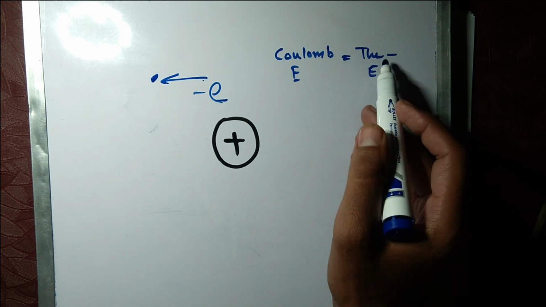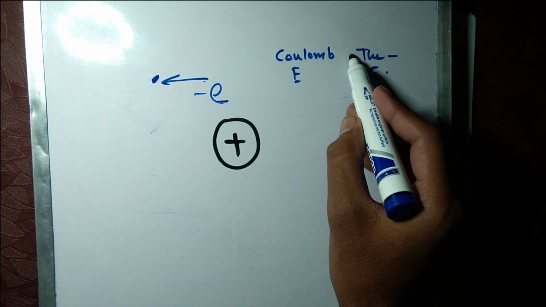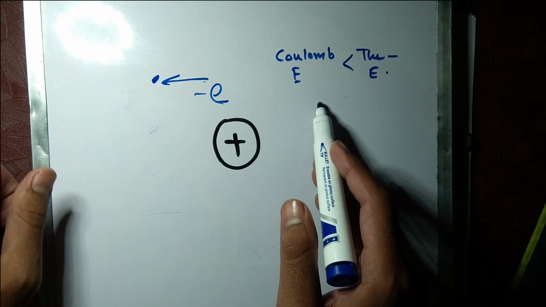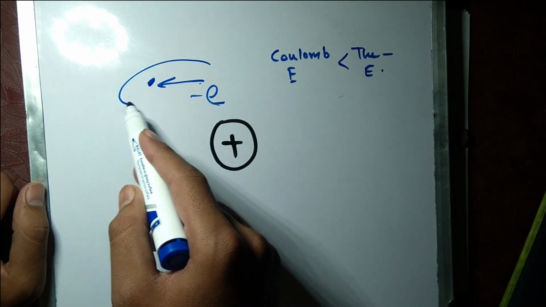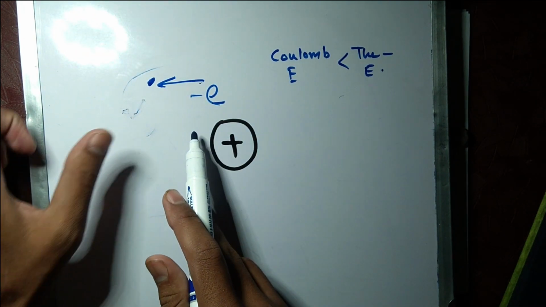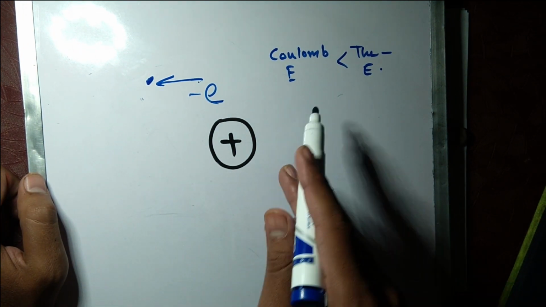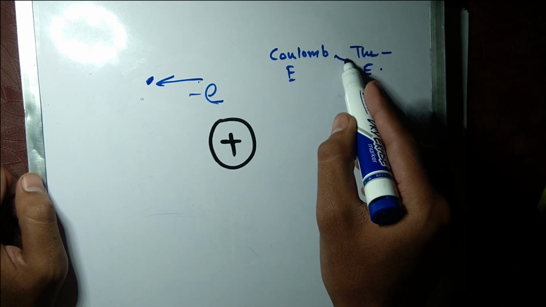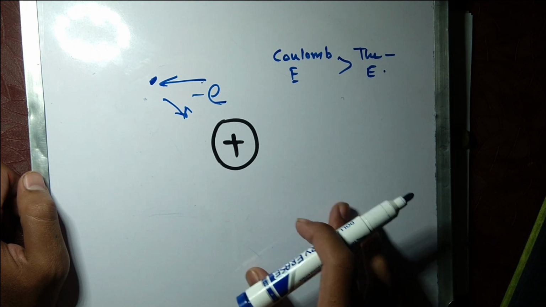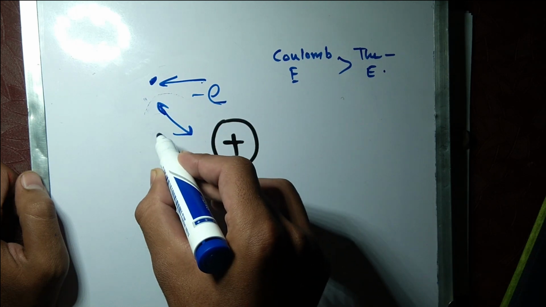So when the thermal energy is greater than the Coulomb energy, or the Coulomb potential, this electron will move away from the charge. It wants to break the barrier from this ion. When this energy is less, it will come closer to this ion. How much will it come? The displacement is lambda D.